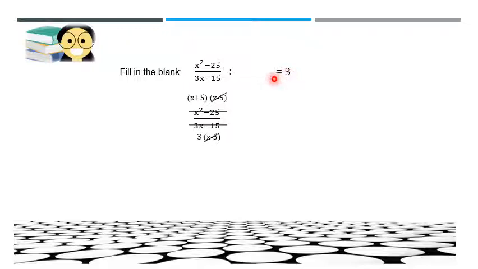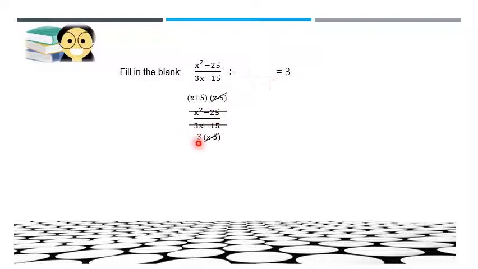So we need only 3. So I'm going to copy first the x plus 5, and this one, 3 twice. So 3 times 3 is 9, because 9 divided by 3 is 3. But we're going to reciprocal this to get the answer.